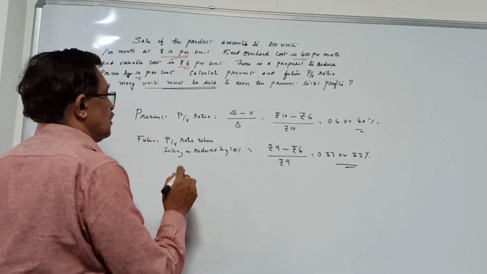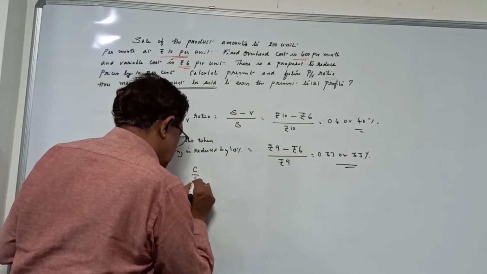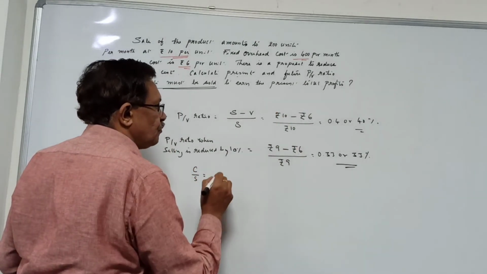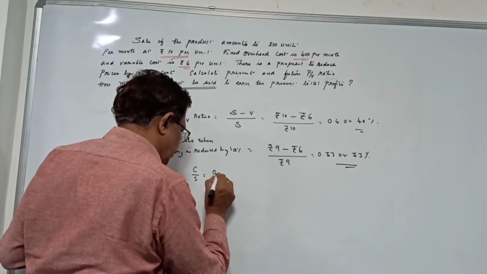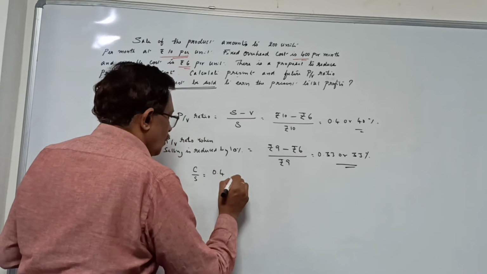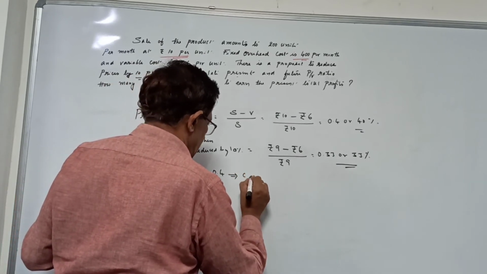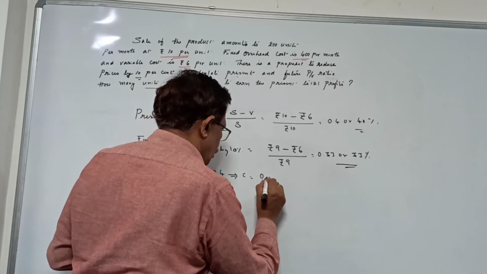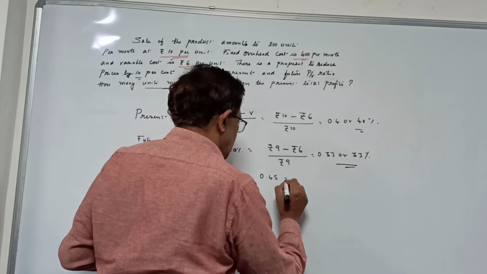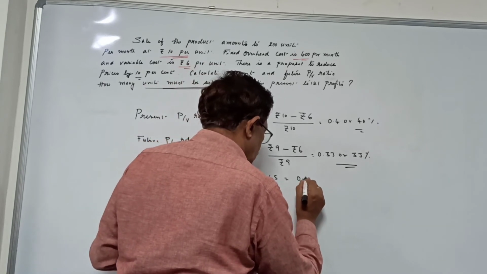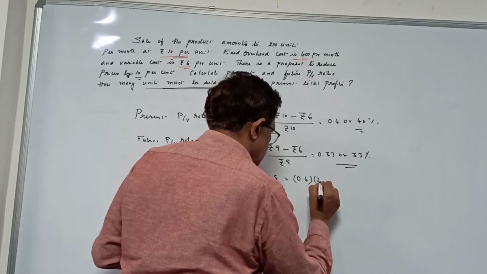40%. So when C by S is equivalent to 40%, that is nothing but 0.4. We need to find out what is C. C is nothing but 0.4 into 10 rupees.